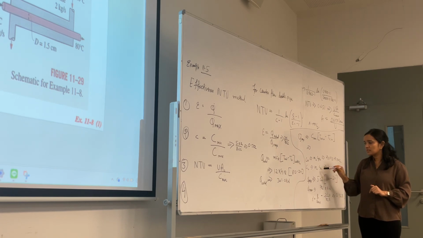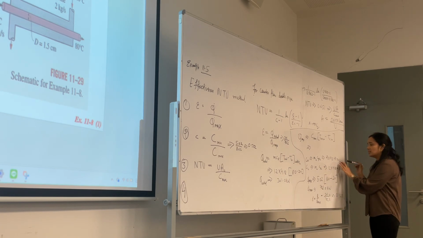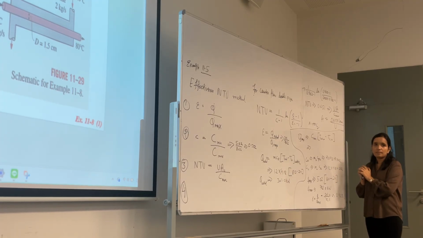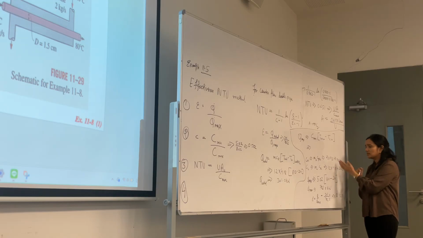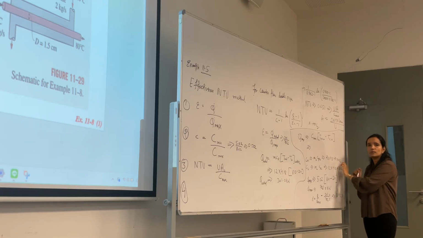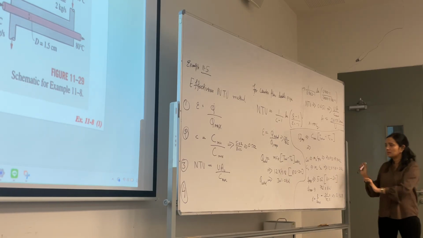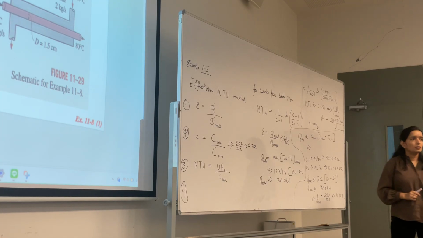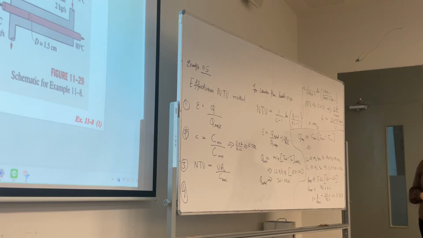Then mass of cold and specific heat of cold. Whichever result is minimum is C minimum. If this was 5.02, then you will use this. Most of the time, the minimum is going to be cold water.